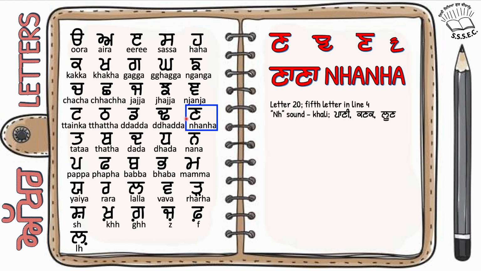So you flick your tongue from the roof of your mouth down, almost touching your bottom teeth. And if you're having trouble, sometimes you can replace it with a letter N when you're saying it, and people will usually understand what you're saying. But you might have to practice this a couple of times.